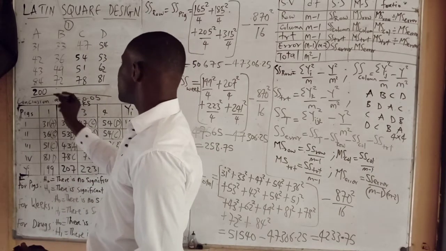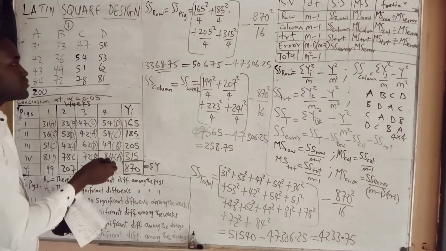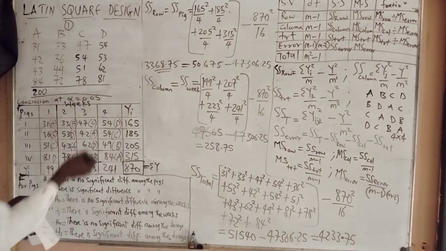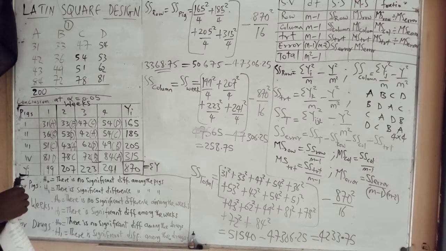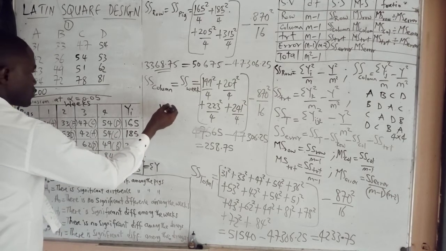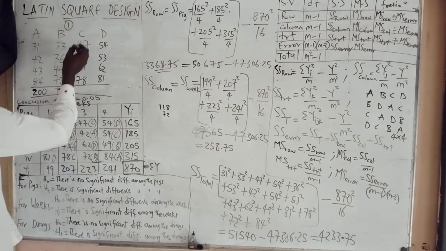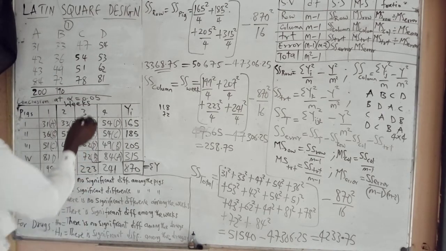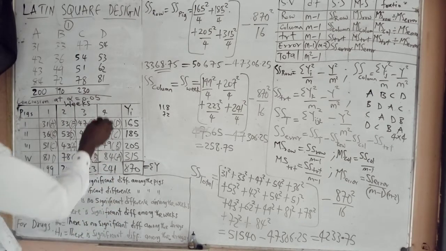The next one, if you add the next one, you will be having 33 plus this 69. 69 plus 49, 118. 118 plus 72 will be giving you 190. Then if you add the next one, you will be getting 230. And if you add the next one, you'll be getting 250.